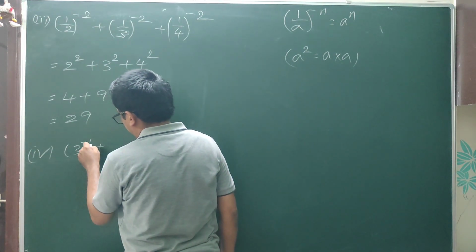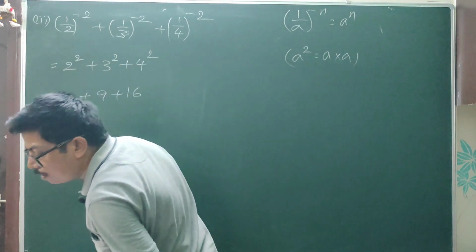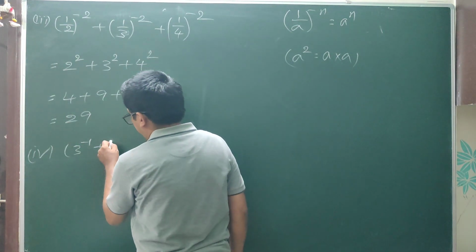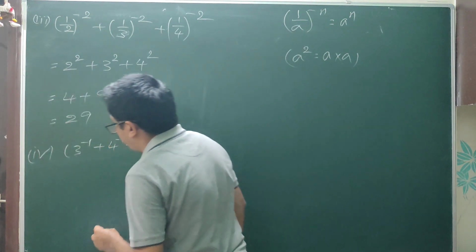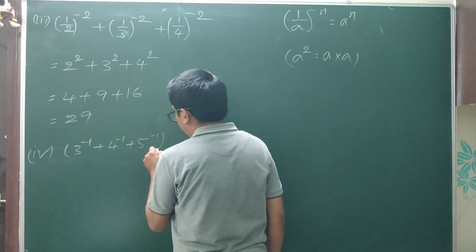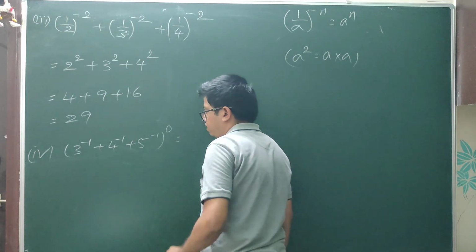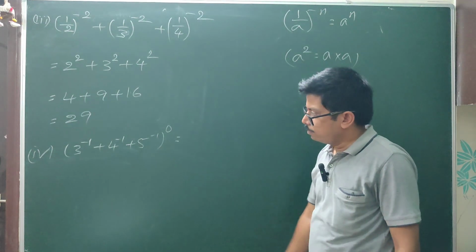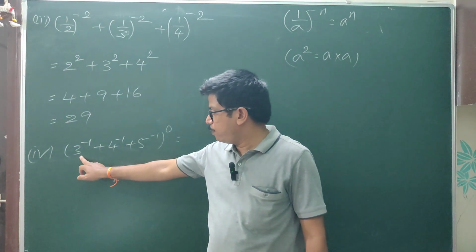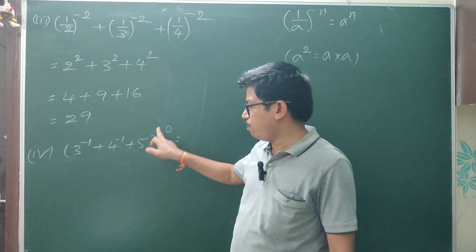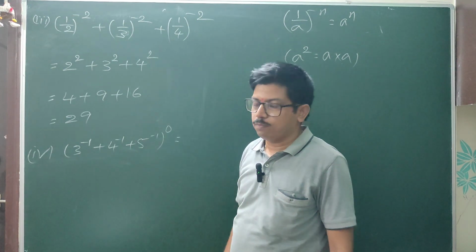So the fourth question is 3 power minus 1 plus 4 power minus 1 plus 5 power minus 1 whole power 0.